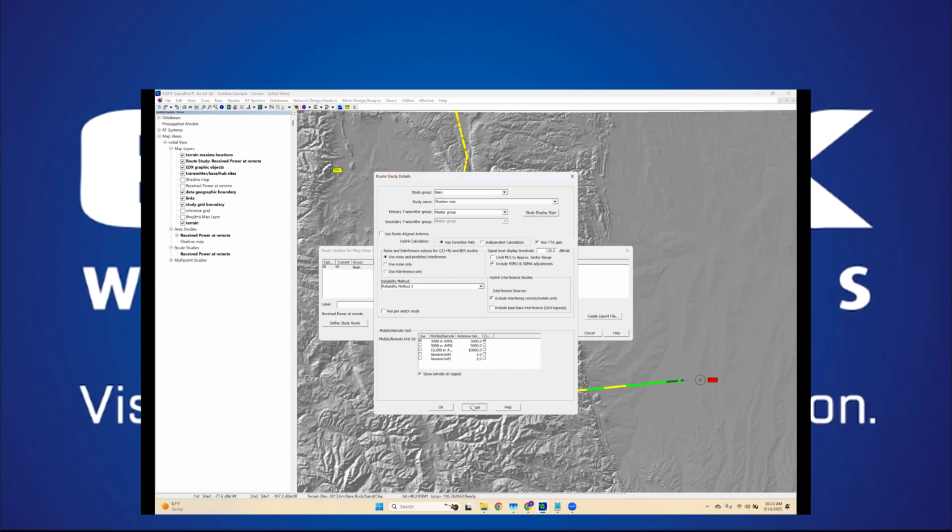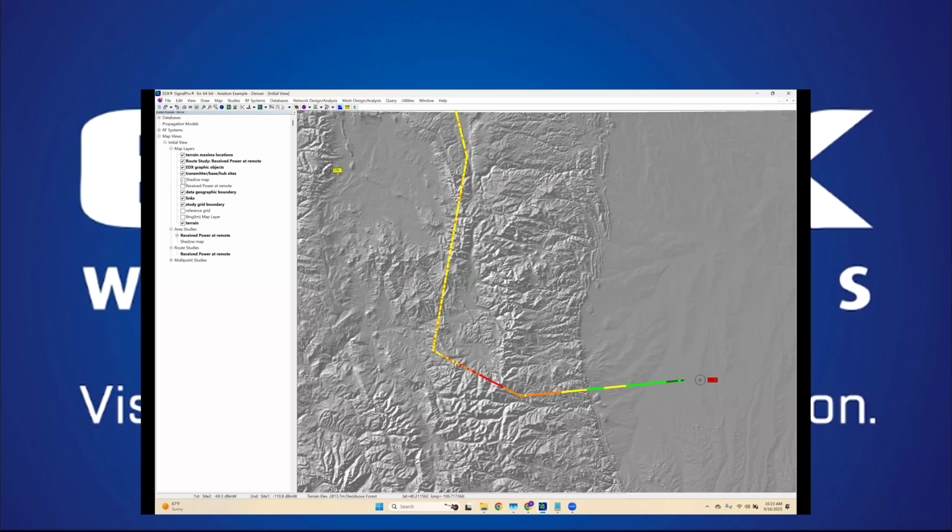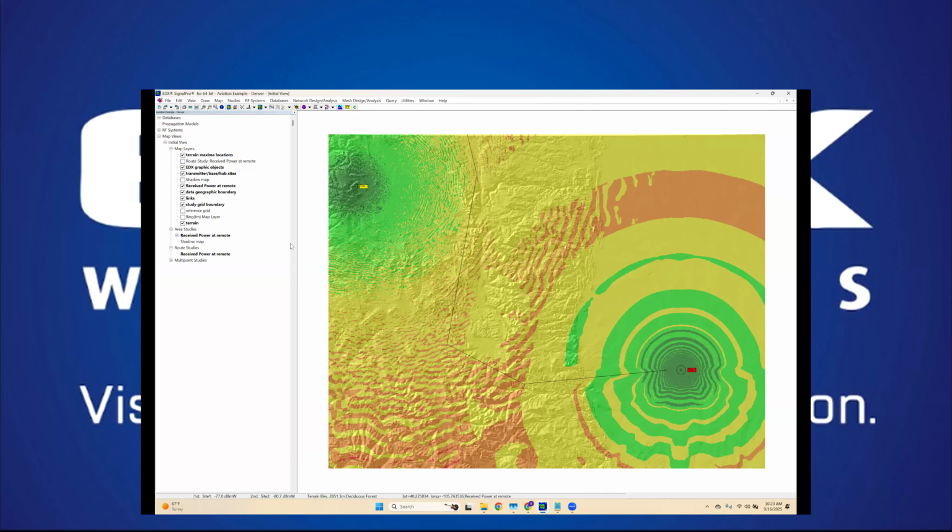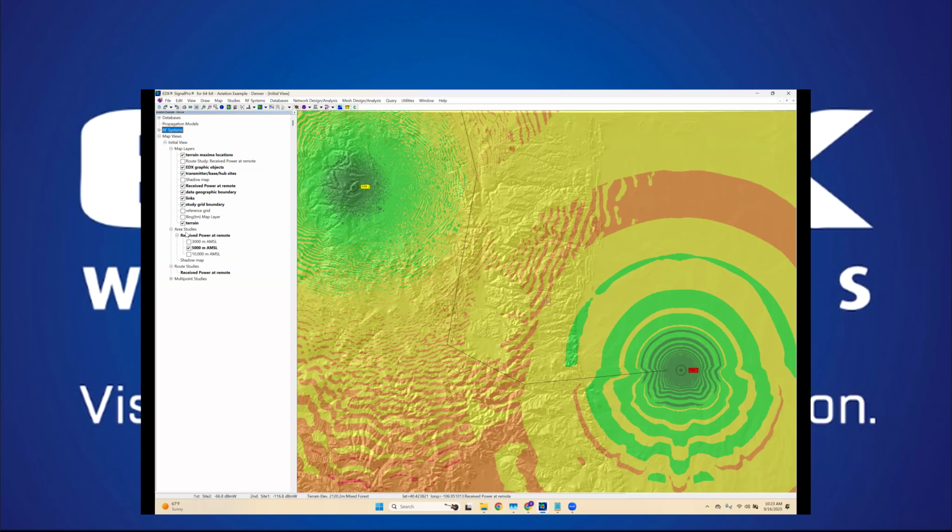But instead of looking at them in an area-wide heat map sort of method like this. So this is my received power, and I could do the same sort of area study to show data rate for these different flight levels.